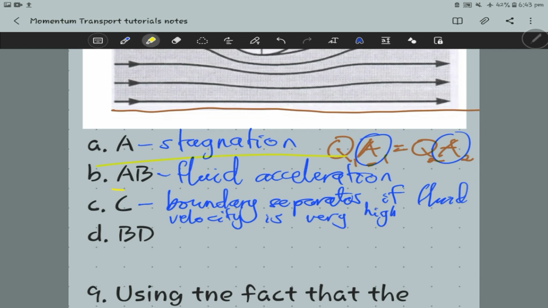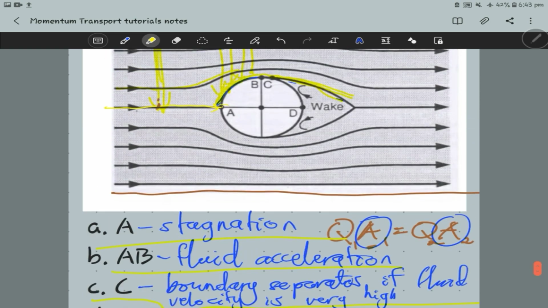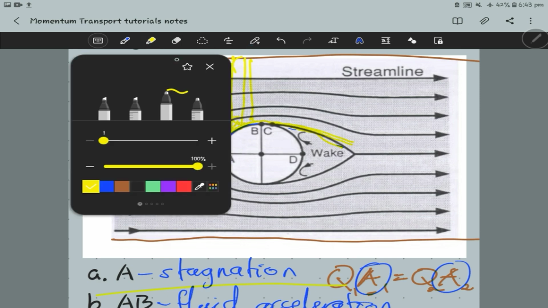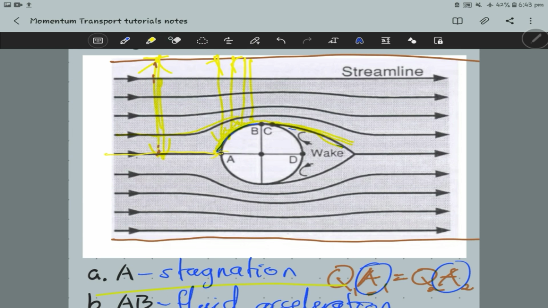So for this, then we have this, and then we have this. What's happening at BD? Again, you can use the area. Comparing it to this, you see that here's the part where the cross-sectional area continues to decrease: shorter length, smaller area, so accelerating.